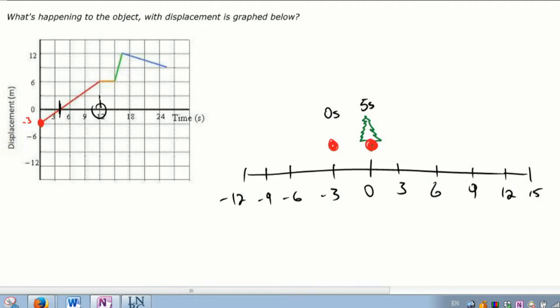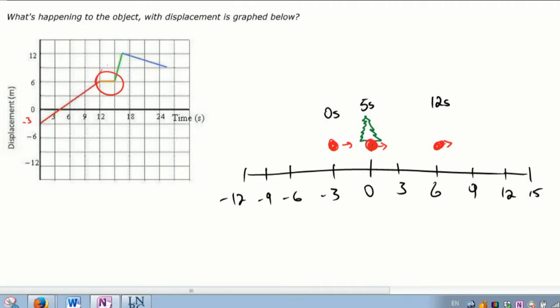At 12 seconds, it's at 6 meters. There we go. That's 12 seconds. So it kind of looks like my ball is rolling to the right. And Anna, you were right when you said it's going to the right, isn't it? Perfect.